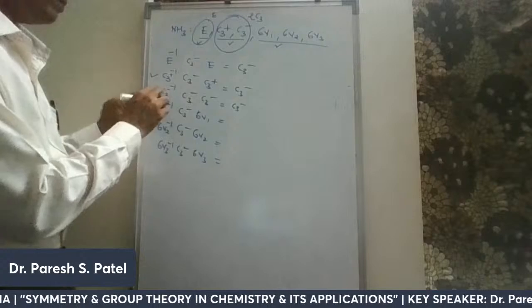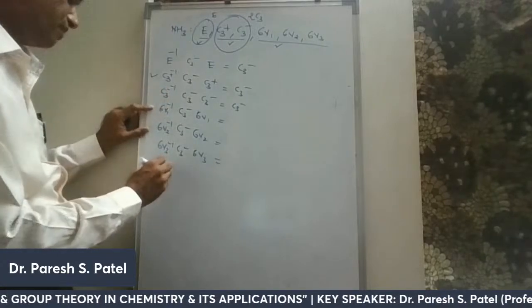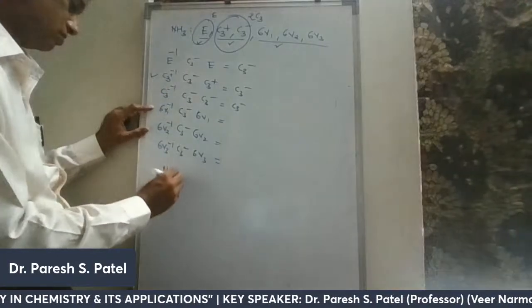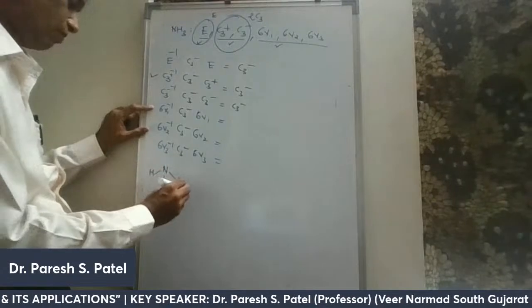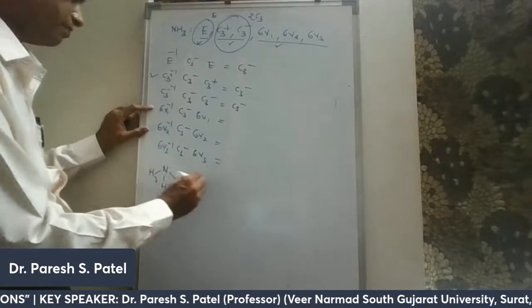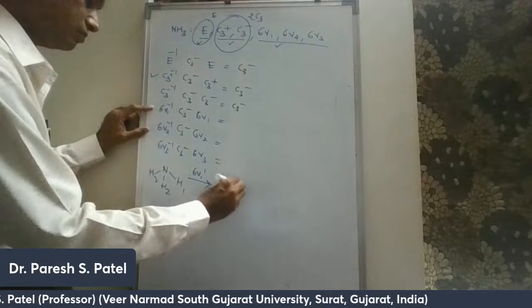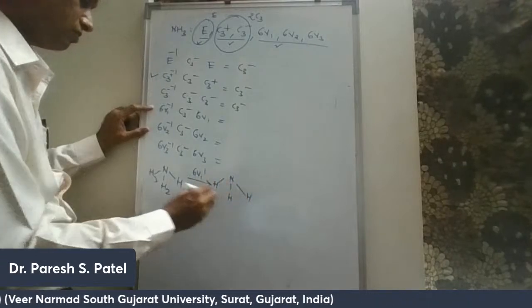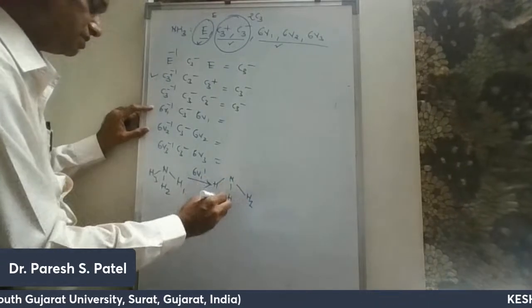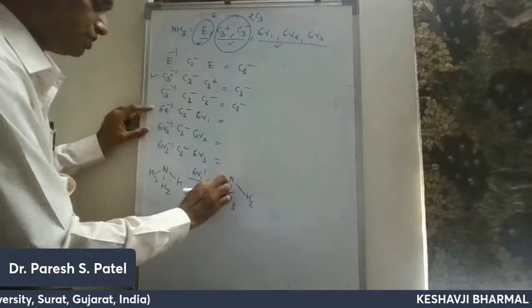In case of sigma V1 inverse, 1, 2, and 3. Sigma V1 inverse means 1 remains as it is, 3 and 2 interchanged.